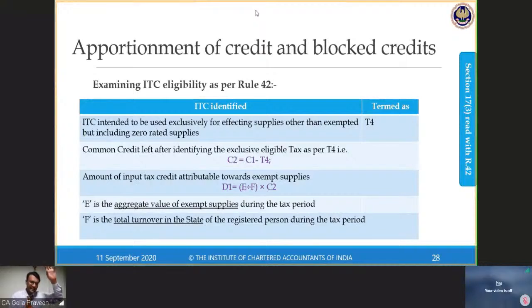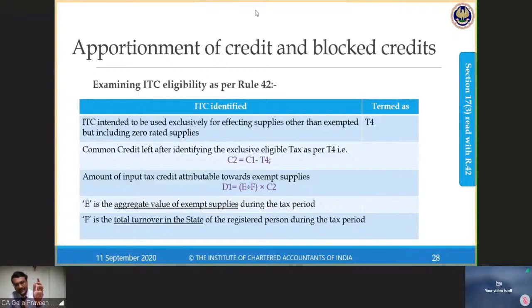Now, in the second slide definition we read the total turnover. They are asking to identify your taxable supply, exports, exempt supply, interstate supply. All this put together is my total turnover. That is my denominator. Exempt turnover divided by total turnover into common credits. I am going to get something called D1. This is my mathematical equation. Friends, this is absolutely not rocket science.